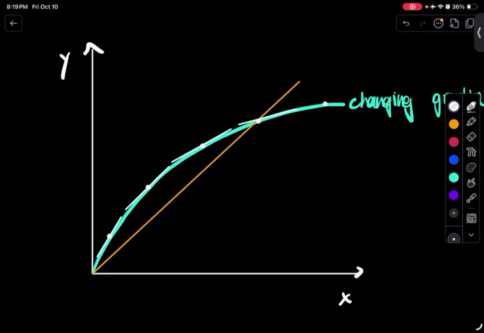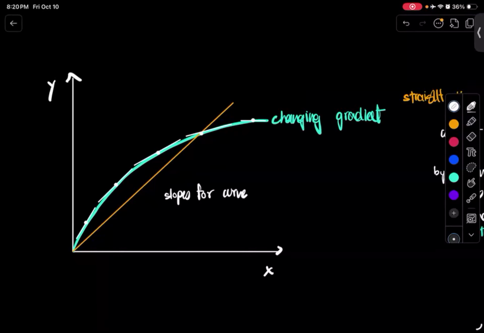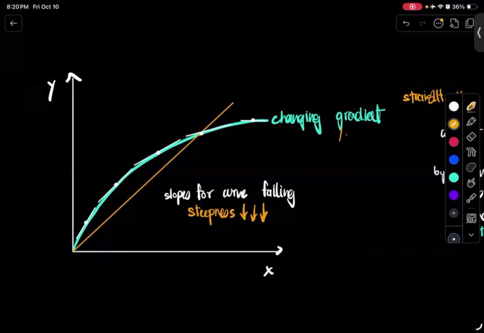The slopes keep on falling, right? So in this case, the slopes for the curve are falling. Why? Because literally you can see the steepness is decreasing for the entire journey. That's literally what we're saying. The gradient is changing. The slope is changing.